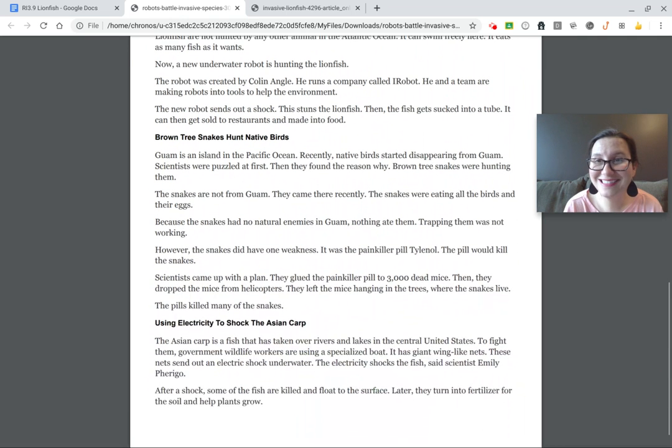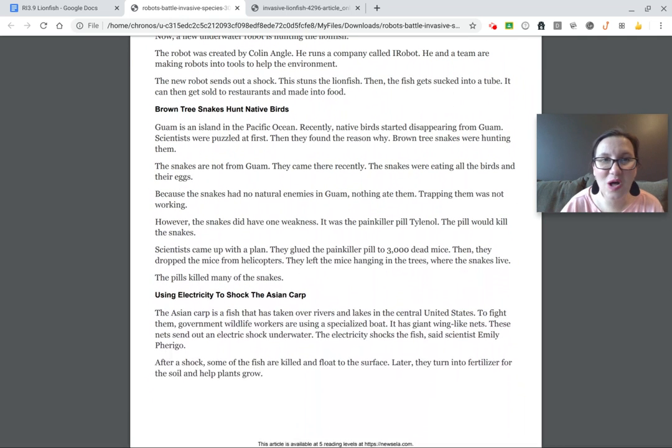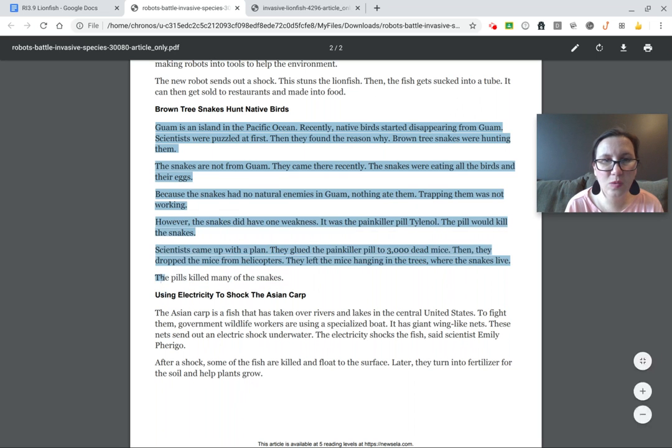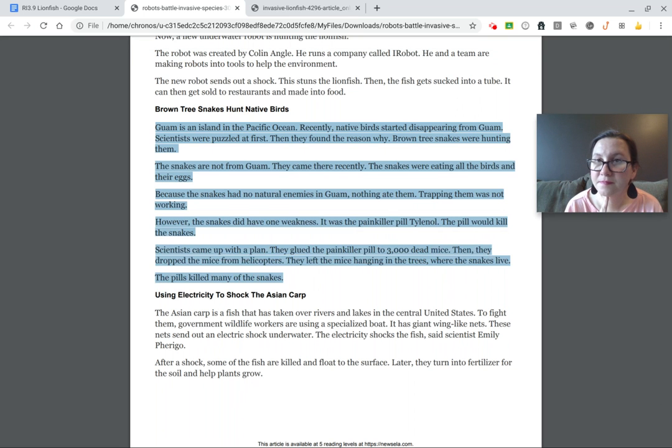Welcome back, third graders. The next section was called Brown Tree Snakes Hunt Native Birds. Go ahead and reread just this section. What did you read about? Can you answer it?